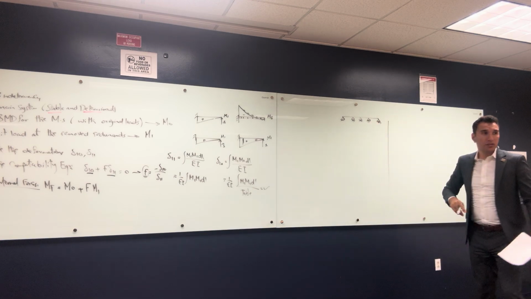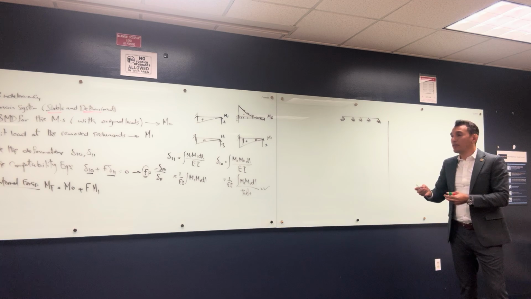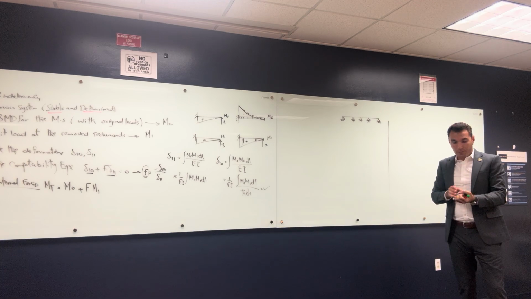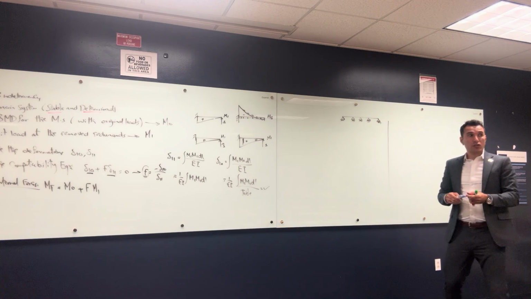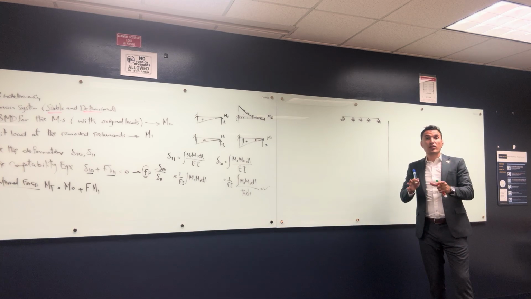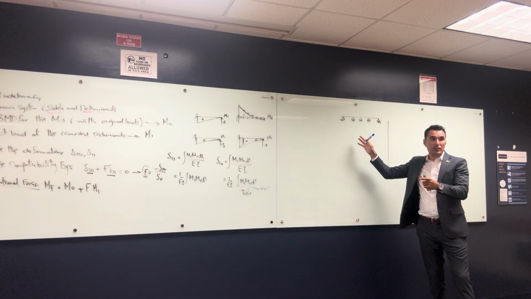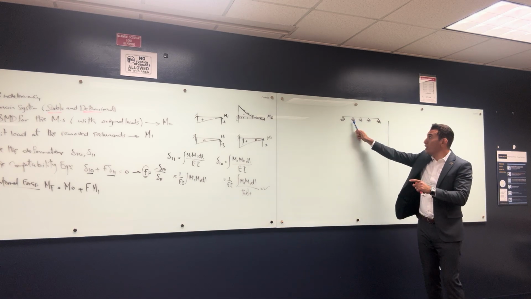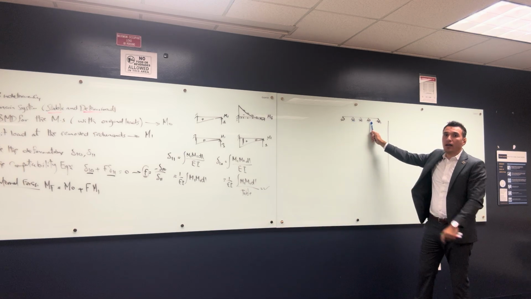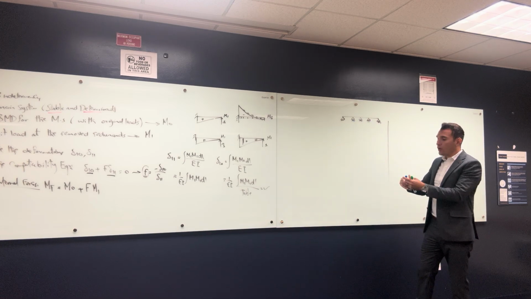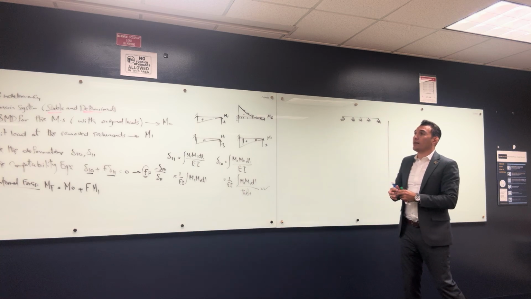How many degrees of indeterminacy are we dealing with now? 3, right? There are 3 redundancies that this system doesn't need to be stable and determinate. If you apply the rule, you will find these 3 are not needed. So how can I deal with it using this method?